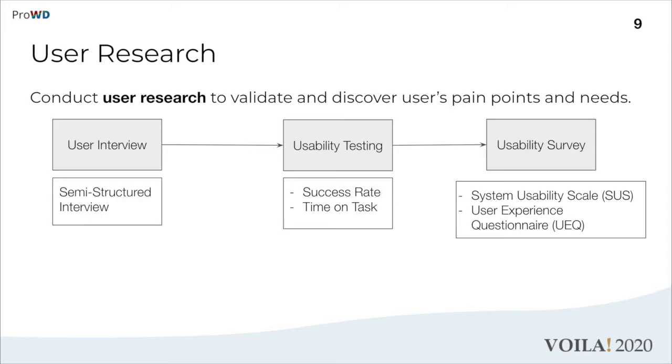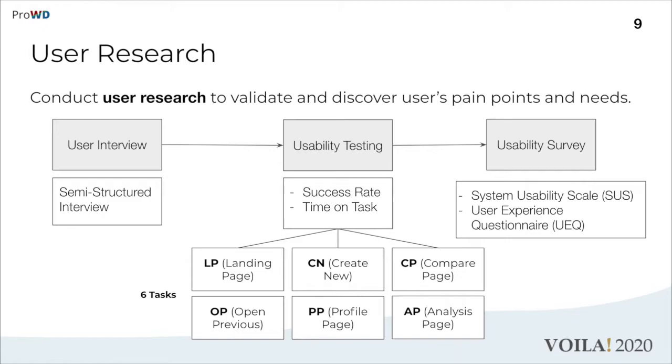The user research comprises three main things, starting with an interview, continued with usability testing, and the test participants are then given a survey to fill in. Within the usability testing, the test participants are asked to complete 6 tasks, which are formulated from the context of use. From this segment, we are able to gather information about the personality and the needs of our target users, and also some metrics we can use later in the evaluation.